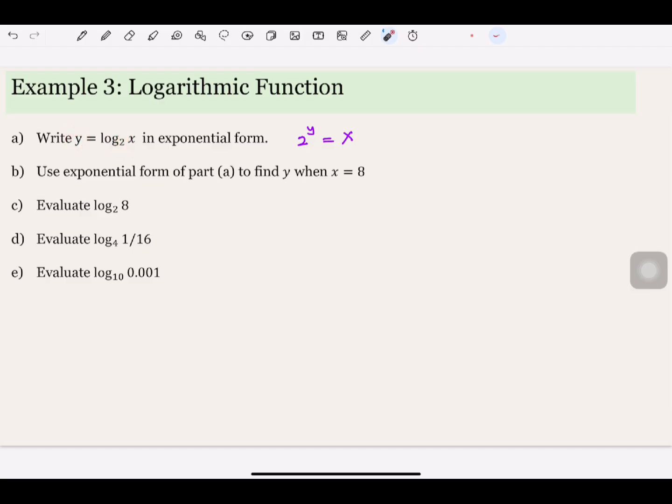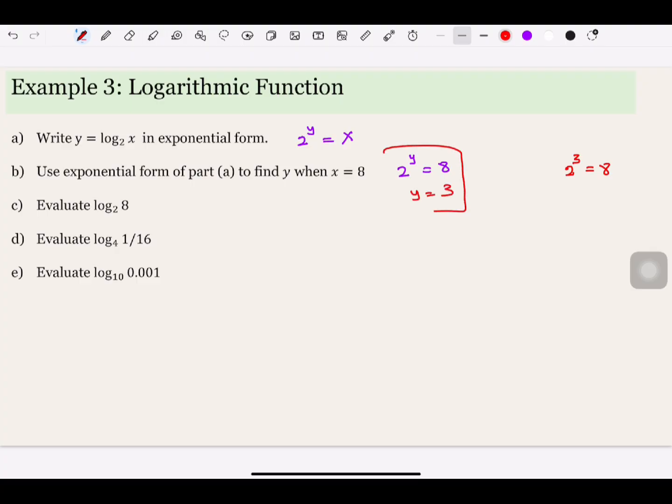Next part, use the exponential form of part A to find y when x is equal to 8. Let me write the same expression with x equals 8. The question is, what is my y? We already know that 2 to the power 3 gives you 8. If you multiply 2 by itself 3 times, you'll get 8. That means y is equal to 3.